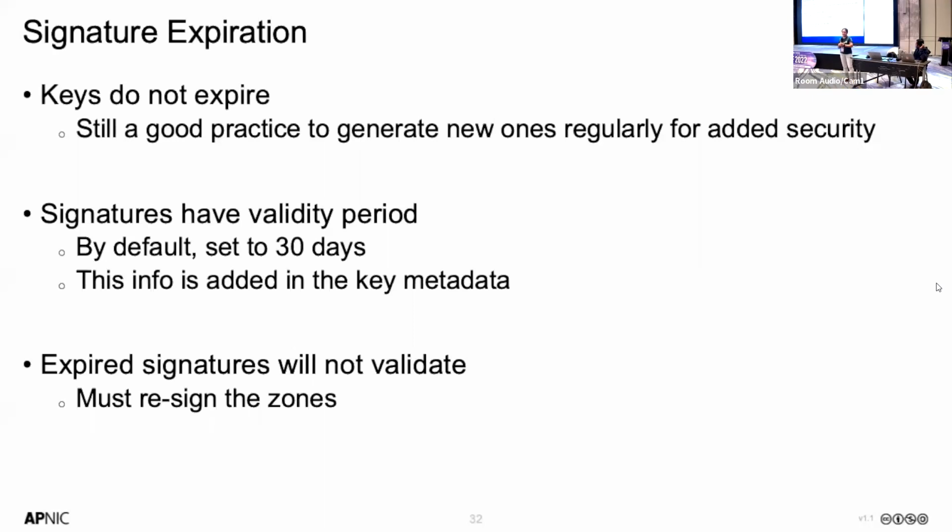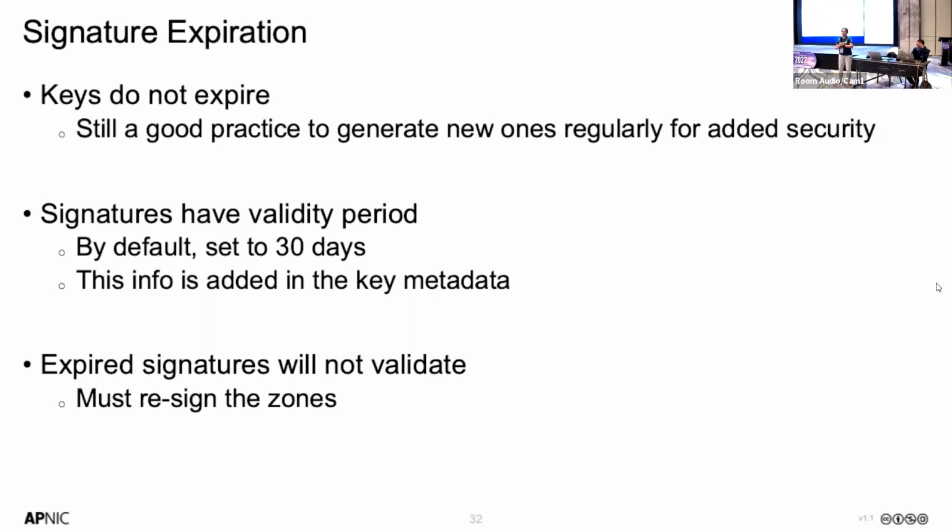Typically, ZSK is generated every year or every couple of years, maybe for some. KSK, maybe a bit longer. So if you're generating ZSK every 6 months, then you generate your KSK every year or every couple of years.